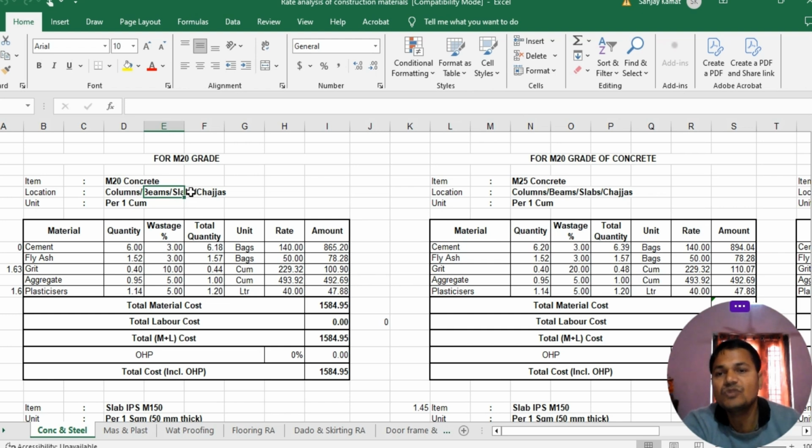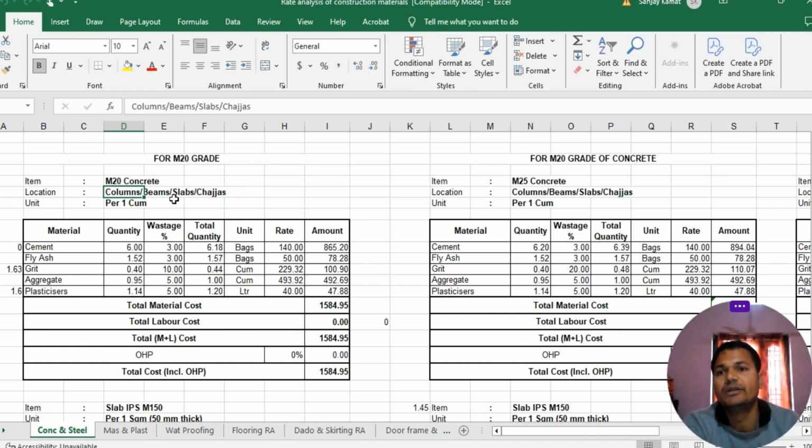And for the preparation of slabs, how much material is required and what types of materials are required, that amount I'm going to calculate. And for the preparation of the beams, what type of materials, as you can see here, if you follow my cursor, then you can easily understand.